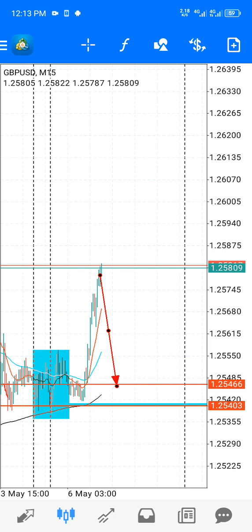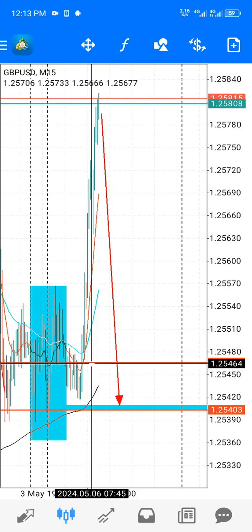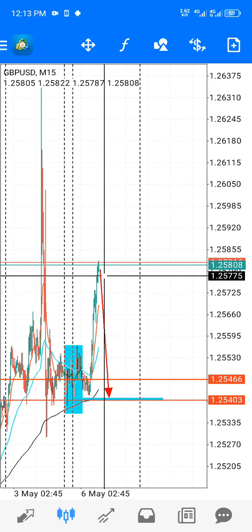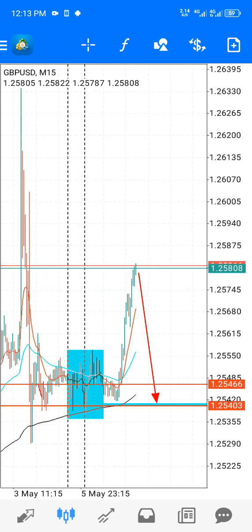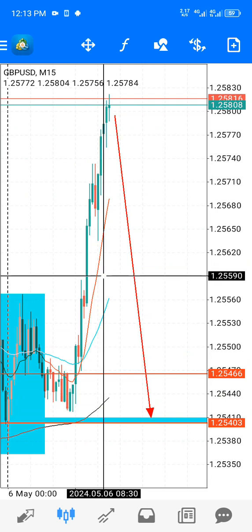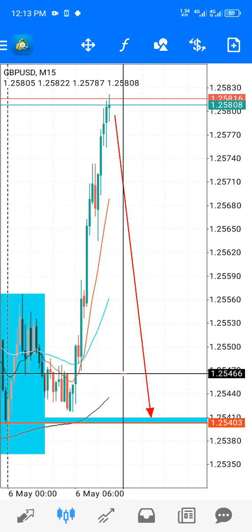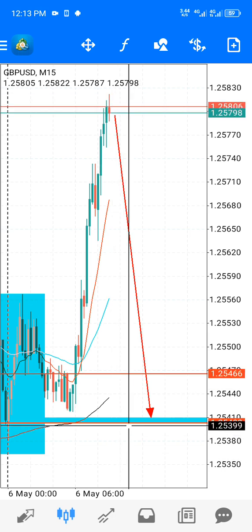So on price reaching here in the middle of the Asian box, when it doesn't give the candle change of the minute 5 in the middle of the Asian box, that means there we consider the utmost fair value gap within the Asian box. That's why very many times I take trades on the utmost fair value gap, because sometimes they can even reach the middle and give the candle change, and again they target the utmost fair value gap.